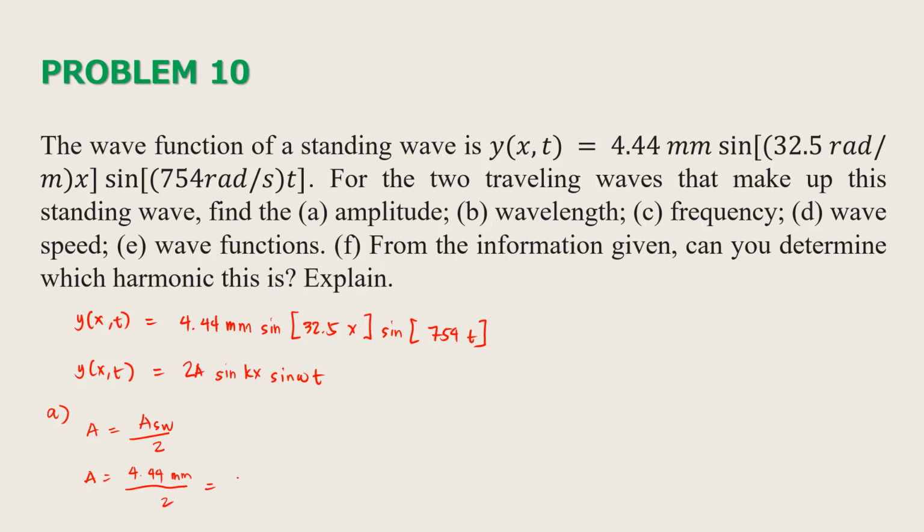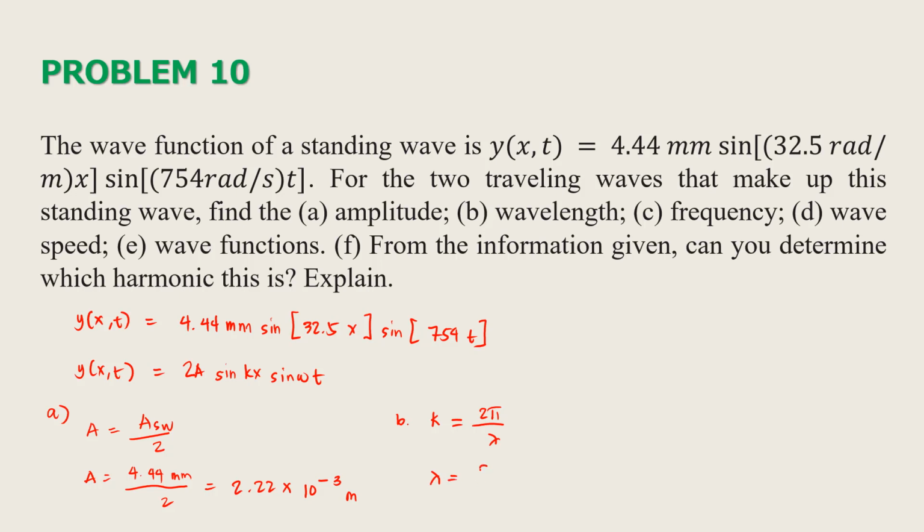This is equal to 2.22 millimeters. So that is equal to 2.22 times 10 to the minus 3 meter. And then for letter B, we are asked to find the wavelength. So the wavelength is directly related to k, the wave number. This is equal to 2 pi over lambda.